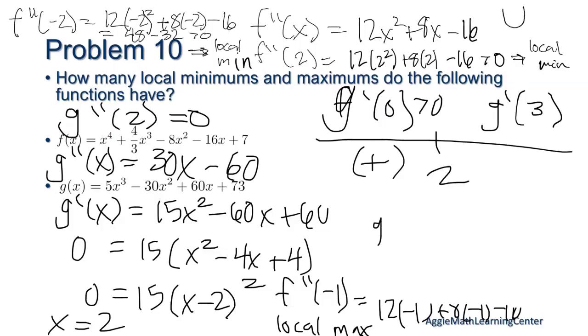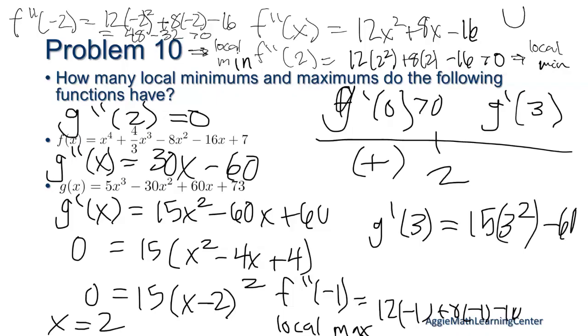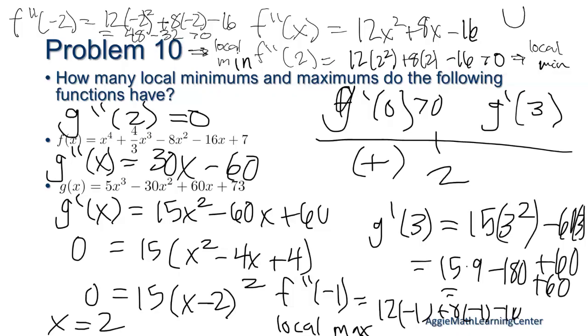So G prime of 3 is equal to 15 times 3 squared minus 60 times 3 plus 60. 15 times 9 minus 180 plus 60. 15 times 9, I guess you guys have a calculator, so you could probably figure that out.